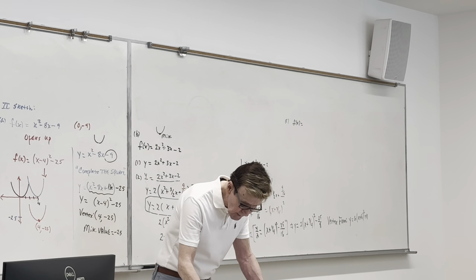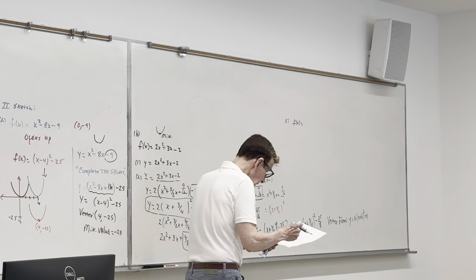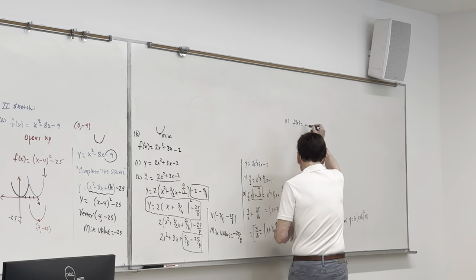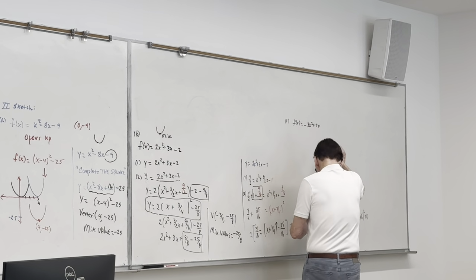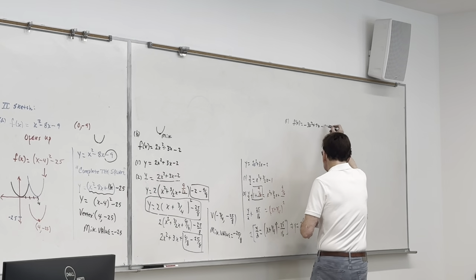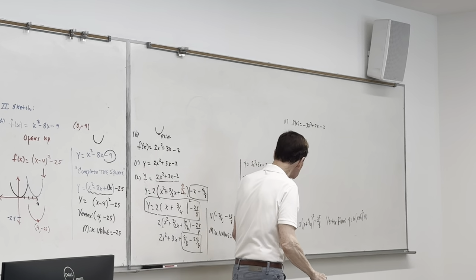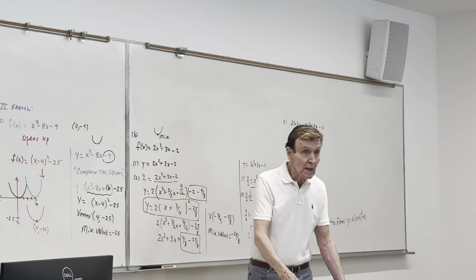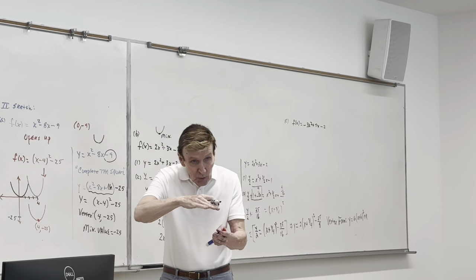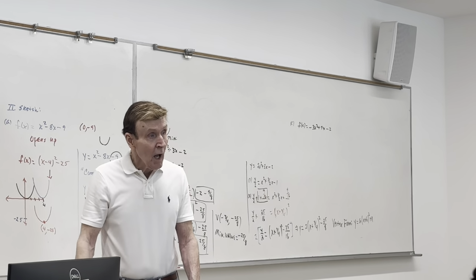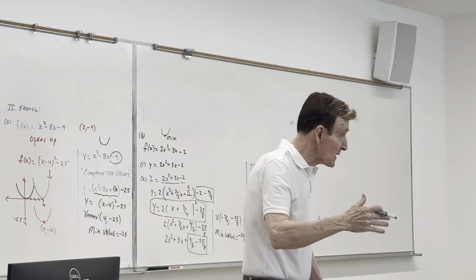Negative 3x squared plus 7x minus 2. Keep in mind, this is the last one I'm doing with this completion of the square process, because it gets lengthy, it'll take us a long time to do many more of these.